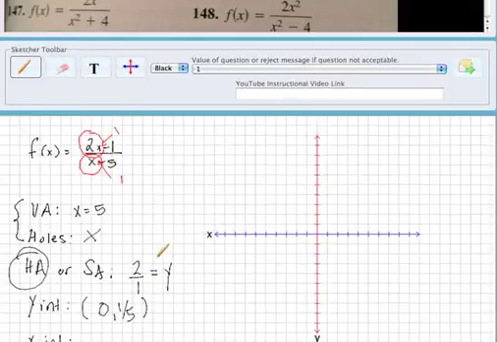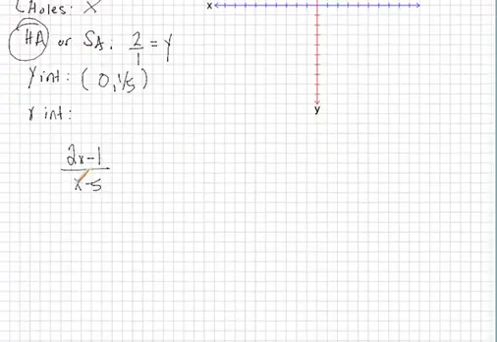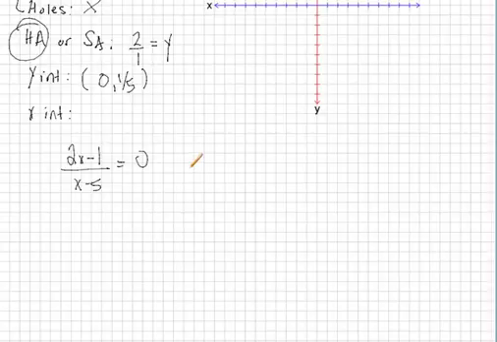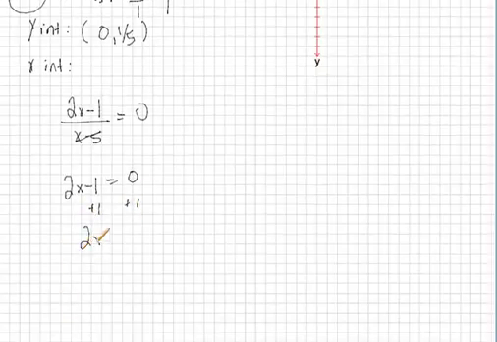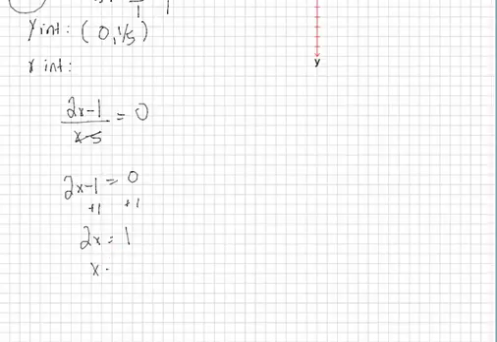Okay, so we're going to set it equal to 0. And we can cross multiply the denominator up. And as you can see, it just disappears because anything multiplied by 0 is 0. So we just get 2x minus 1 is equal to 0. Let's add 1 to both sides. And we'll get 2x is equal to 1, so x is equal to 1/2. We have an x-intercept at (1/2, 0).